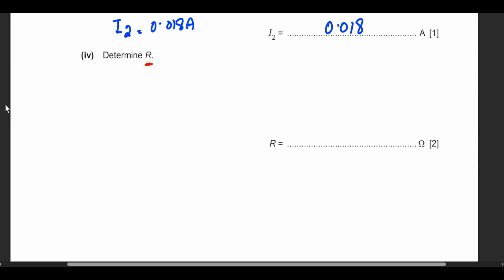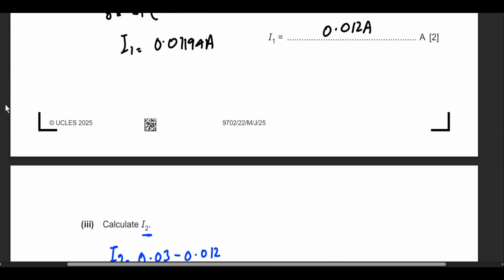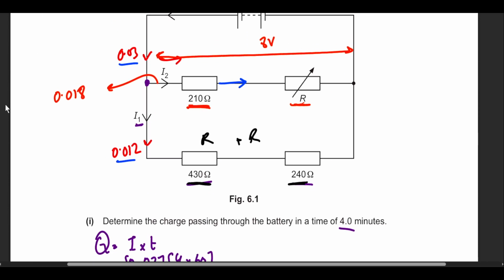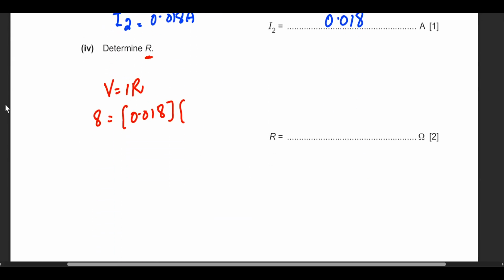So according to V equals IR, the potential difference available is 8. The current in the branch is 0.018. The resistance combined should be the addition of 210 with R, so it's simply 210 plus R. A bit of algebraic manipulation leads to R being equal to 234.44, which makes it 230 up to 2 significant figures.